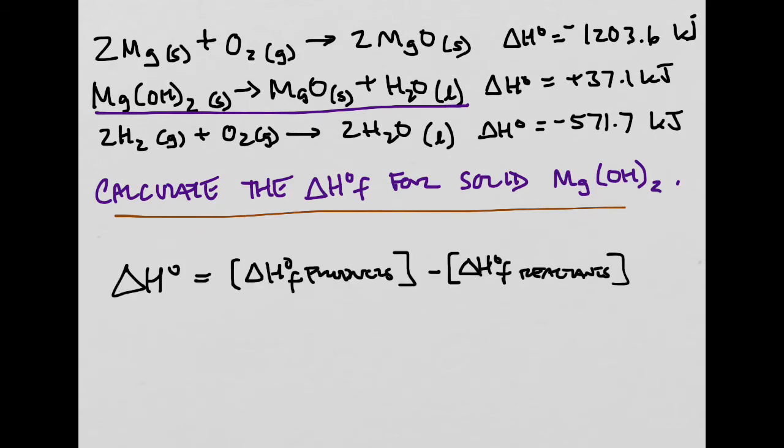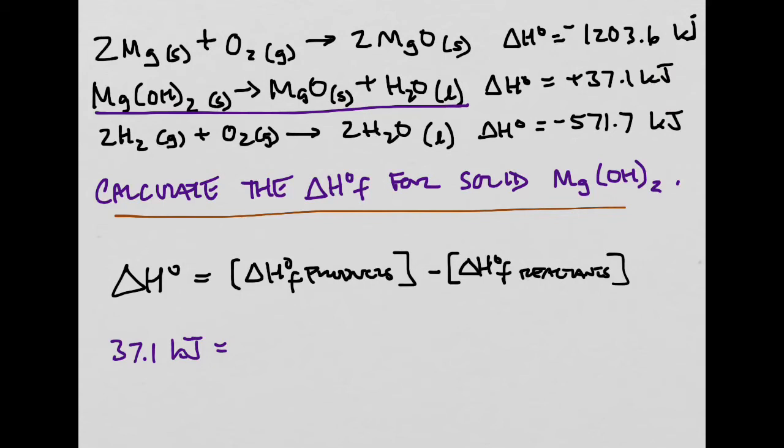All right, so my enthalpy change for any reaction, I'm going to use this up here. So we're going to take 37.1 kilojoules. And that's going to equal, I have to focus in on the one that I just underlined in purple here, the enthalpy change of the products.